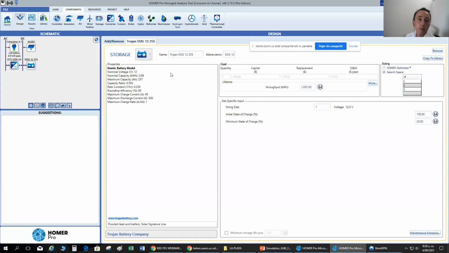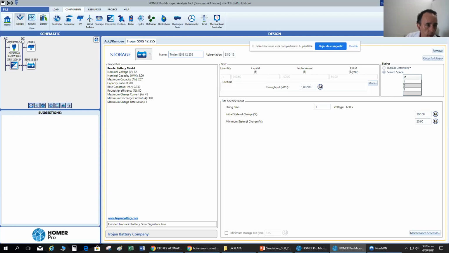Not only because HOMER says, oh, there's a brand, there's a manufacturer, let's say car batteries. Yes, but car batteries only for USA. I can work with it in Colombia. I work with Trojan, I work with Victron, I work with several others.